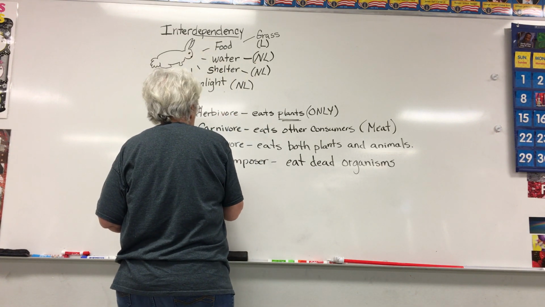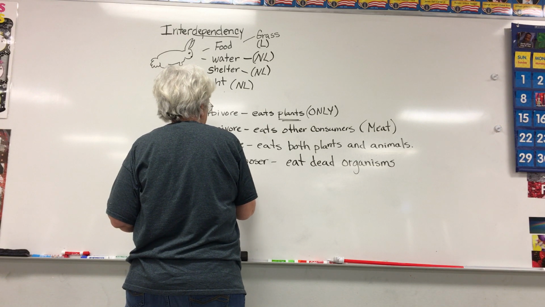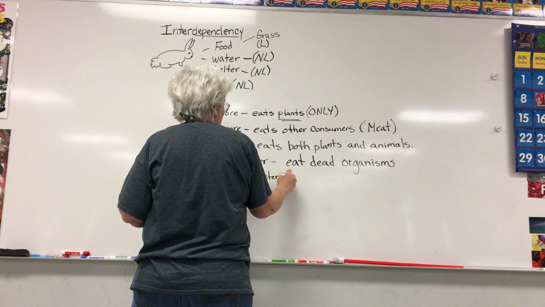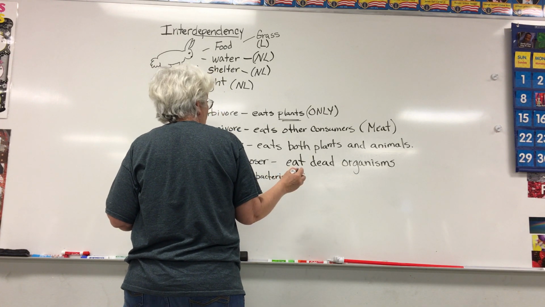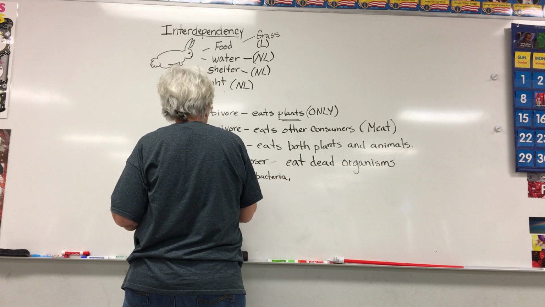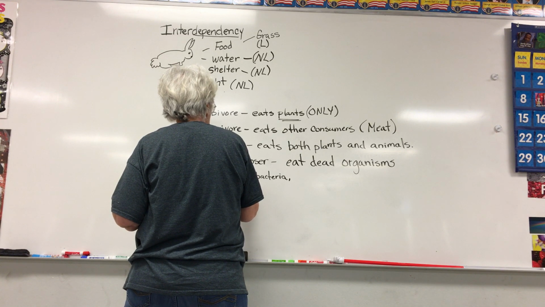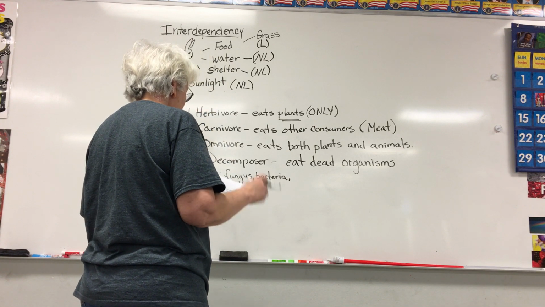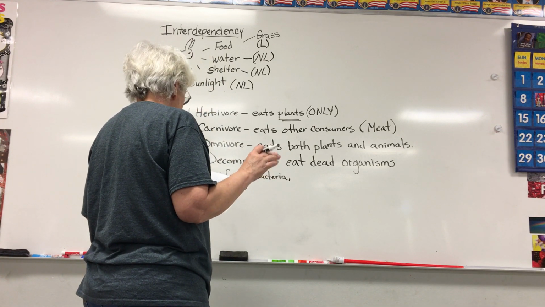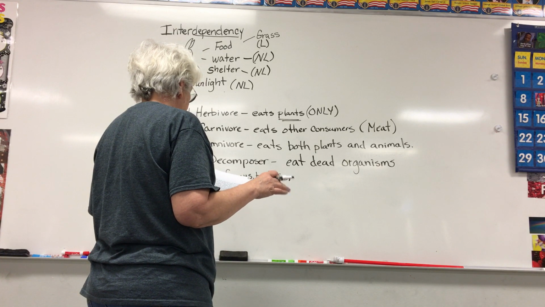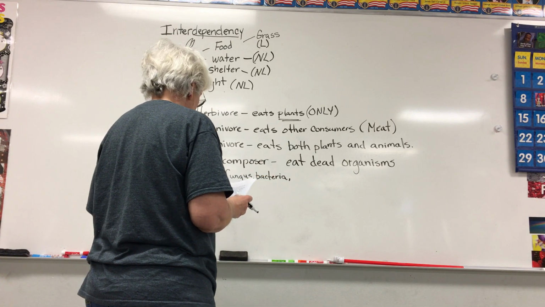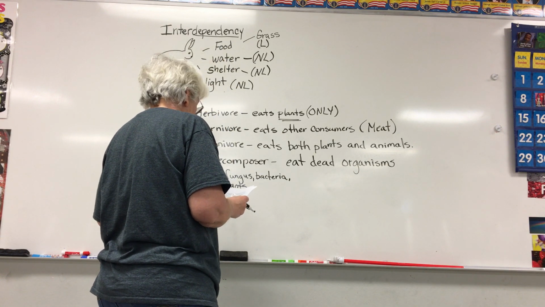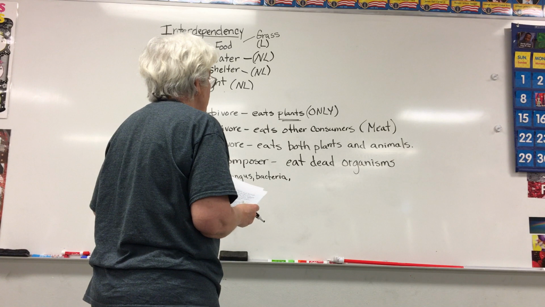Here's an example. Fungus, bacteria, maggots. That's the baby flies. They all eat dead organisms, and they break down this waste for food. They're really important because they're the recyclers. They recycle nutrients back into the ecosystem.